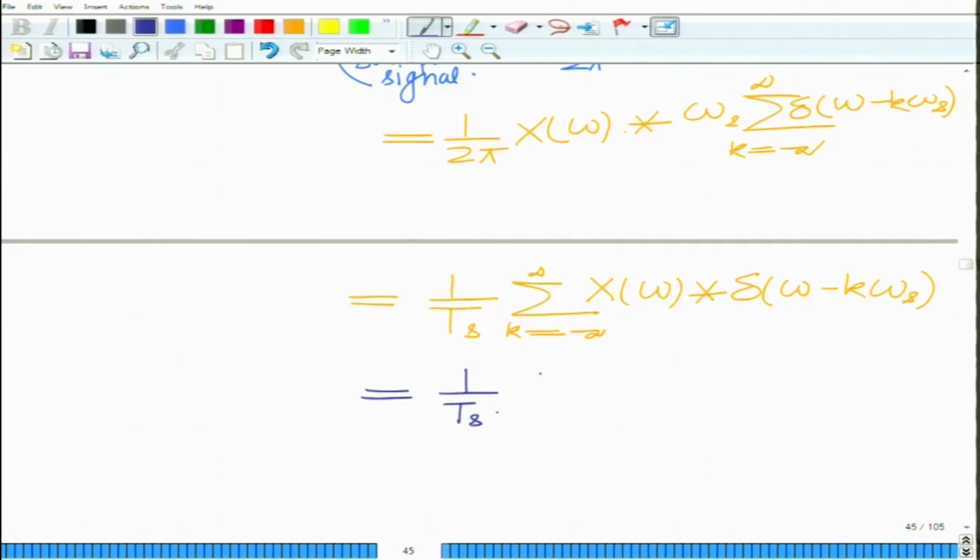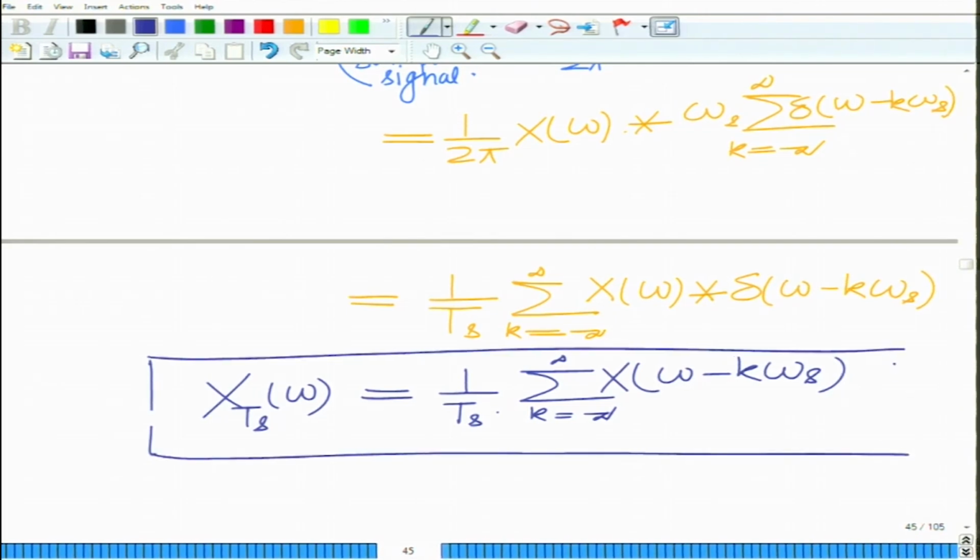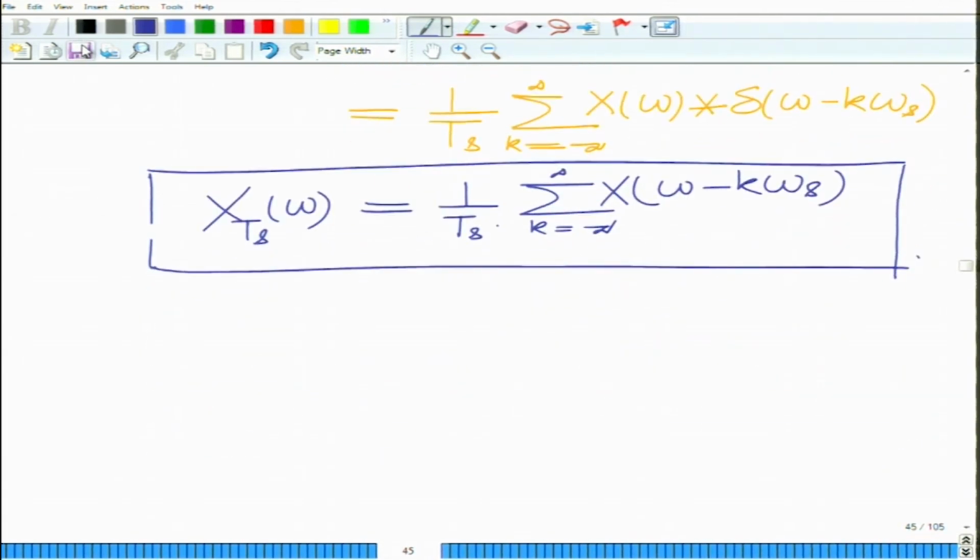So this will be basically 1 over Ts summation k equal to minus infinity to infinity X of omega minus k omega s. This is the spectrum of the signal sampled by the impulse train.